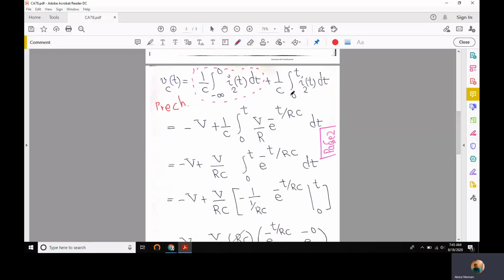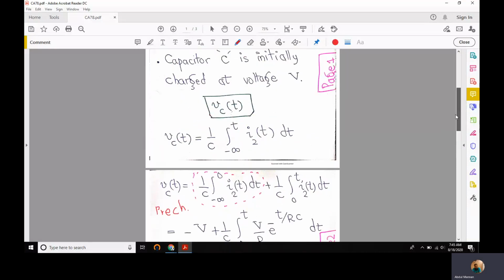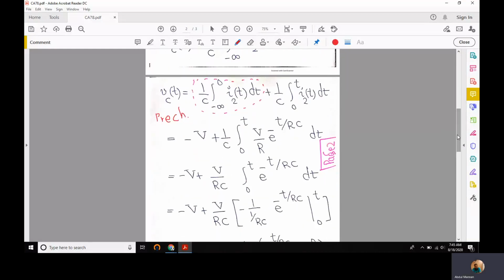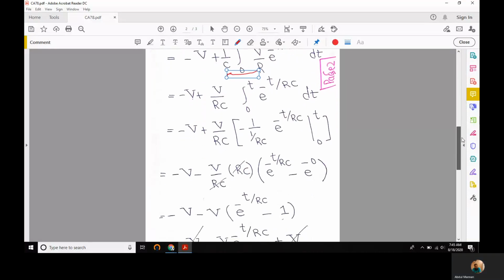So the capacitor is pre-charged at voltage V, in fact at minus V, plus this integral. Let's put the value of I2 of t that we computed in our last lecture, V over R e to the minus t over RC. Now we have this expression V over R. It should come out of the integral because it's not a function of time. And then we have to integrate this. This is a simple exponent that we should integrate. And this RC cancels with this RC.